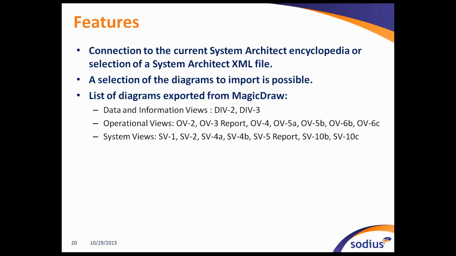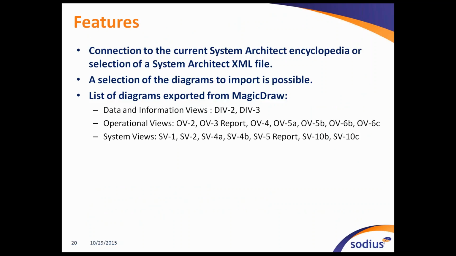The main features are a connection to the current System Architect encyclopedia or a selection of System Architect XML file. You can select the diagrams you want to import into System Architect.